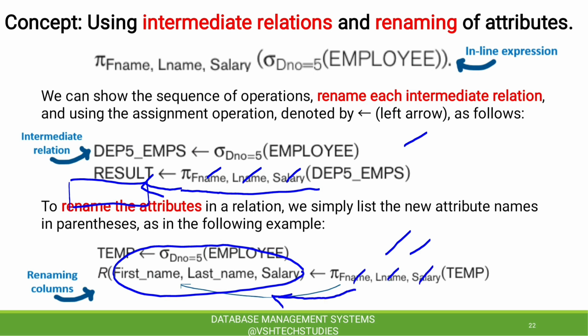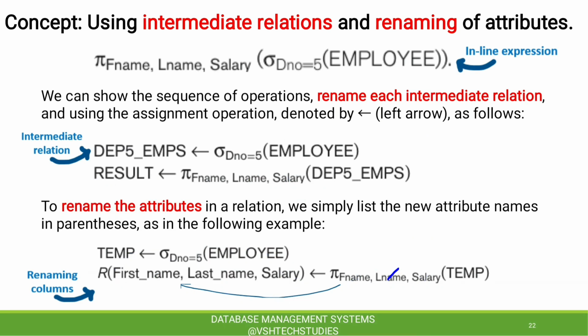Those three columns are sent, and their names are renamed: instead of F name, first name; L name is renamed as last name; and salary is kept as it is. This concept of inline expression and the concept of intermediate relations and renaming of attributes, we shall see with an example next.